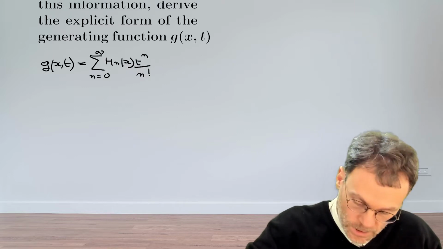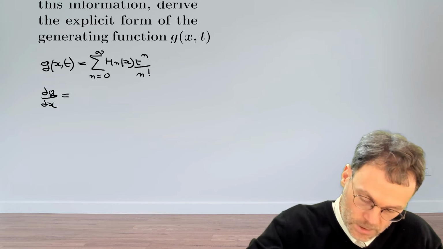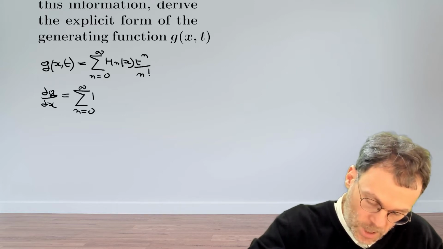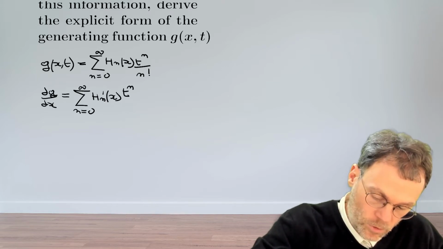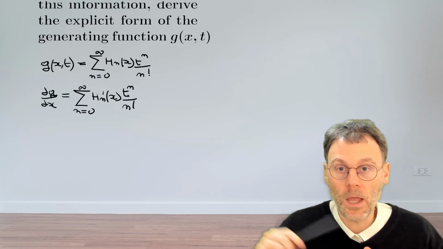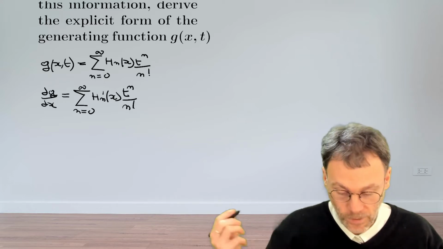Okay, let's proceed. Taking the derivative with respect to x will give us a summation of H_n prime of x t to the power of n divided by n factorial. Now H_0 is just a constant, so if we take that derivative, that will give us 0.